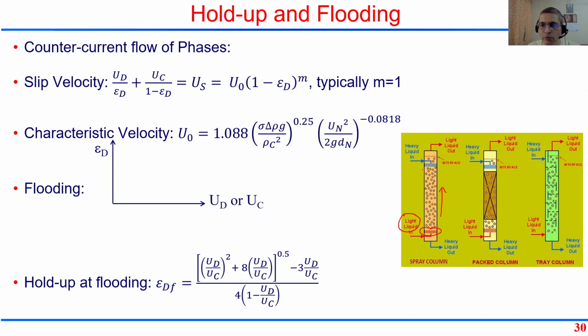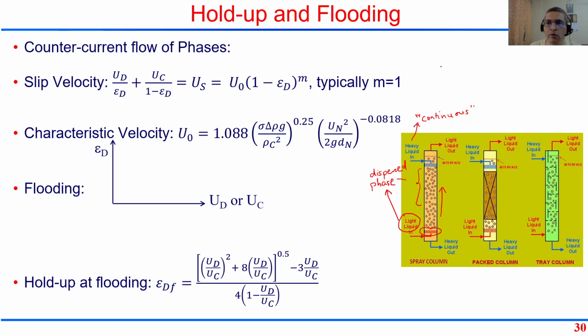So if you think about this equipment, the light phase here is the dispersed phase. Dispersed meaning whichever one is flowing in the form of drops, and the heavy phase is continuous. Continuous in the sense that it forms a continuum in which the dispersed phase is flowing upwards.